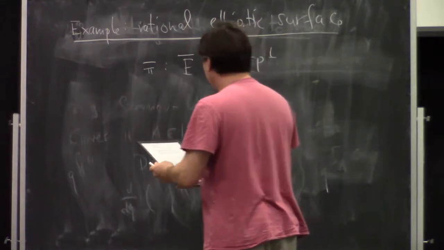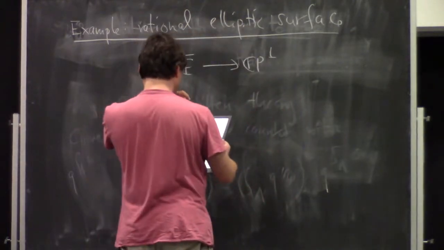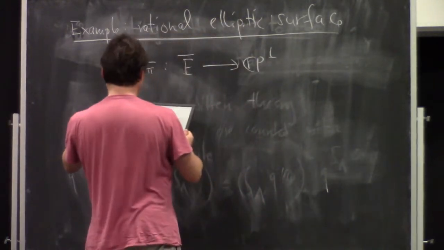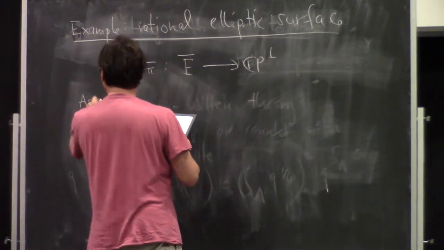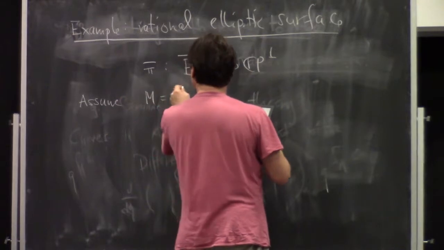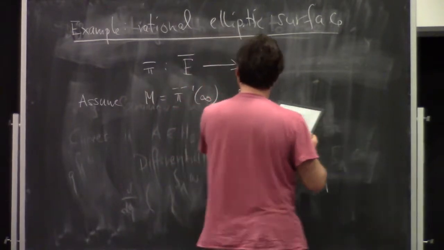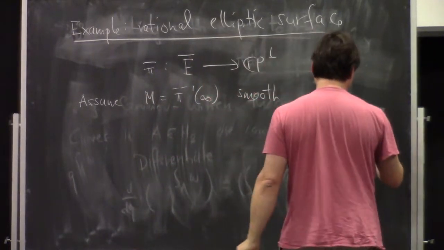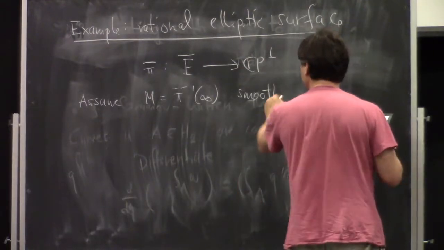Okay, so assume for simplicity that the fiber here at infinity is smooth. So it's a smooth elliptic curve.